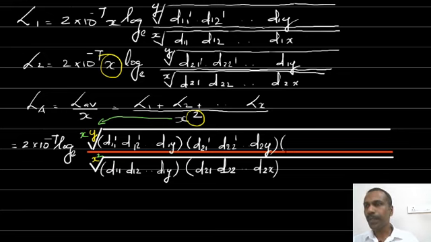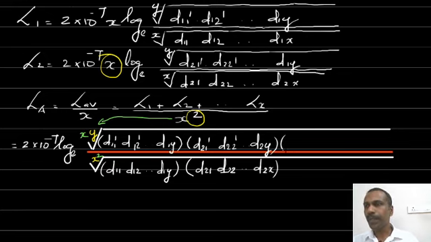And the denominator, the last term will be dx1, dx2, etc. up to dxx. The terms in the numerator are the mutual distances, and the terms in the denominator are the self distances.